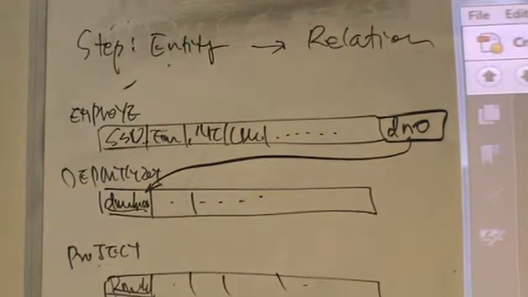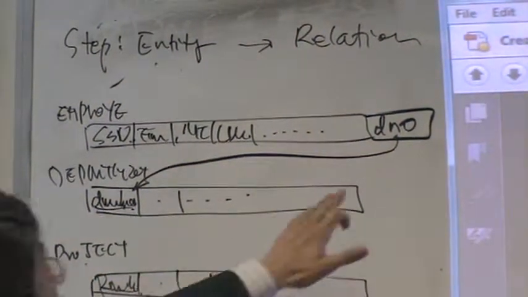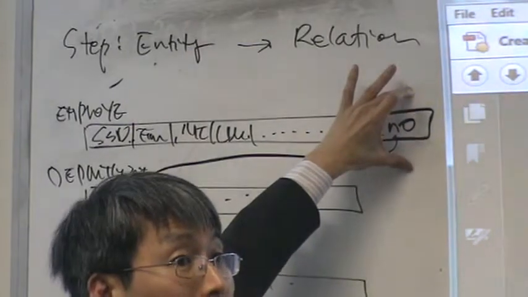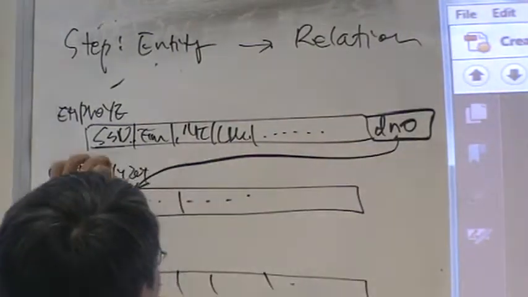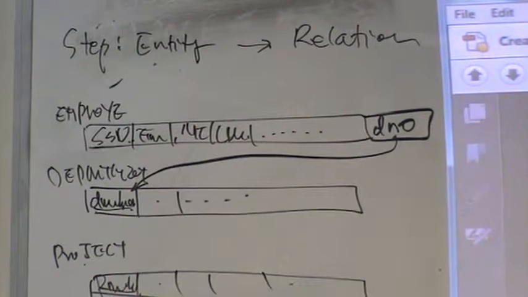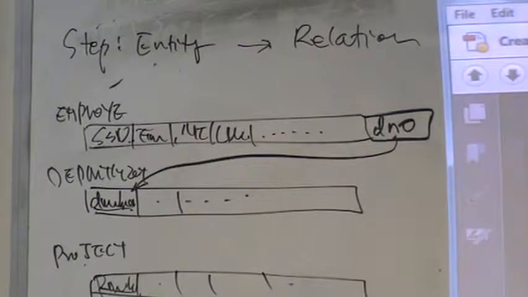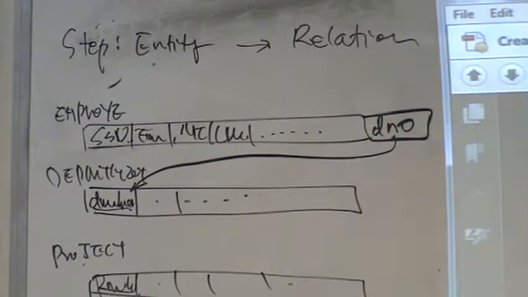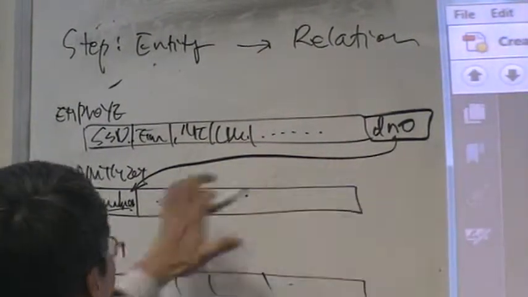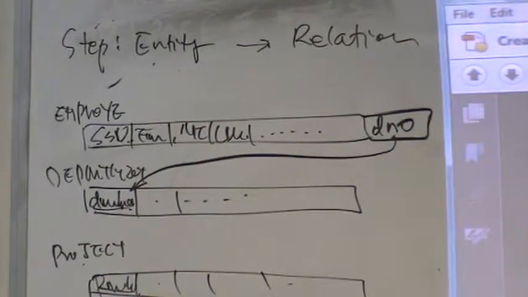So this one, we can just create the foreign key. Then we can add the column, referencing column to here. It can be the same name as this one. Doesn't have to be the same name. Sometimes the different name or simplified name makes the user easy to understand such a relationship. Okay. However, be careful.